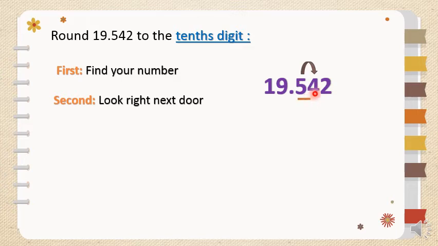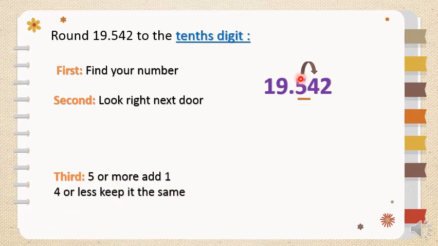So we said that it's either rounding up or rounding down. 4 is less than 5. We said that if it's 0, 1, 2, 3, or 4, it's rounding down. We don't add anything. We keep the number as it is.